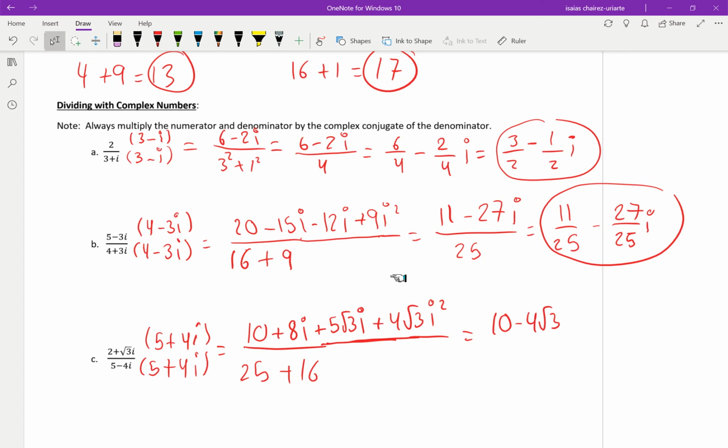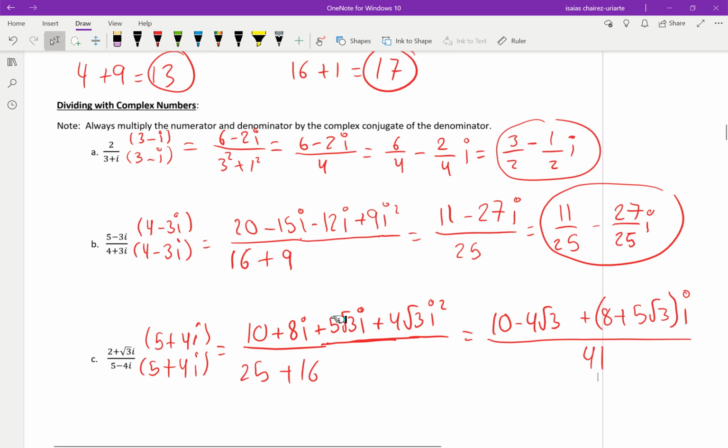And now the imaginary part, I'm going to say plus 8 plus 5 square root of 3 i, all of this divided by 41. This is messy. This is very messy. So the real part is 10 plus 4 minus 4 square root of 3, and the imaginary part is 8 plus 5 square root of 3.